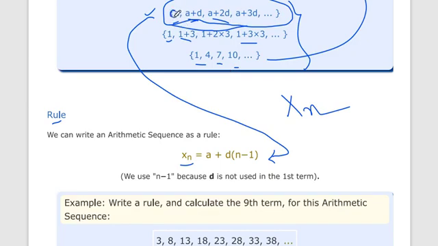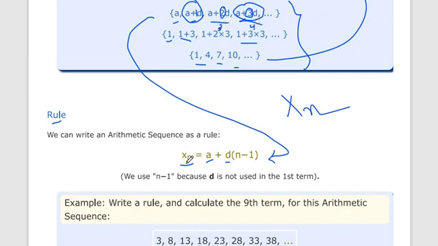Here you can see that a is common in every term, so a will remain the same, and the plus sign also remains. Also d is common in all the terms. But the second term has 1d, the third term has 2d, and the fourth term has 3d. So you can see that this is the fourth term and this is the third term.